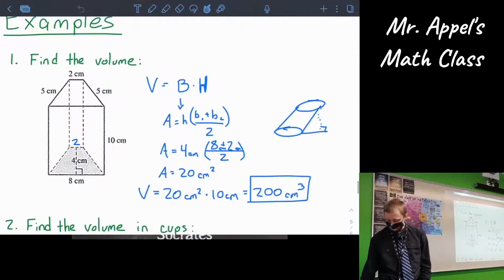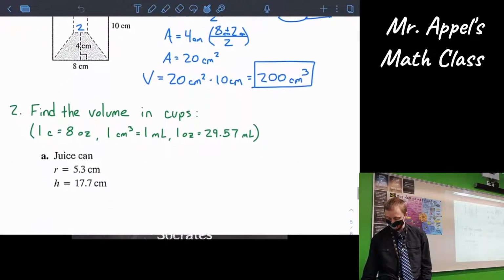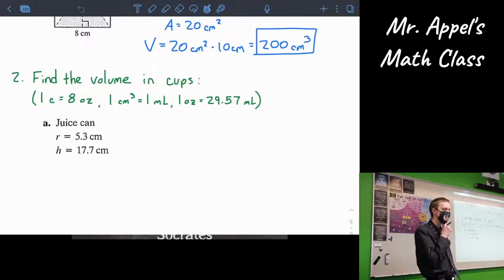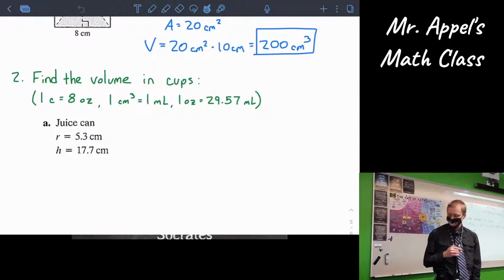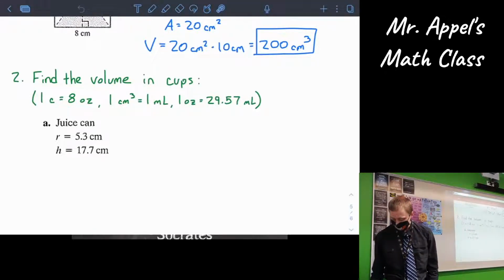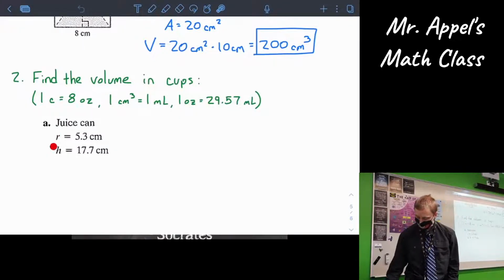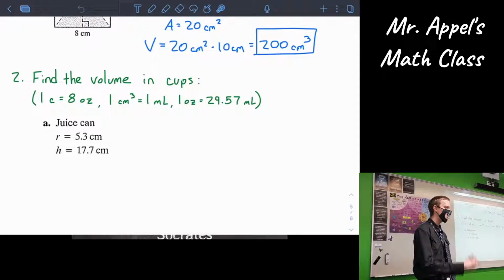The other challenge you might face with these problems is with units. So we're going to practice a little unit conversion here. I have a can of juice. Here are the dimensions. But I really want to know how many cups of juice that actually is.